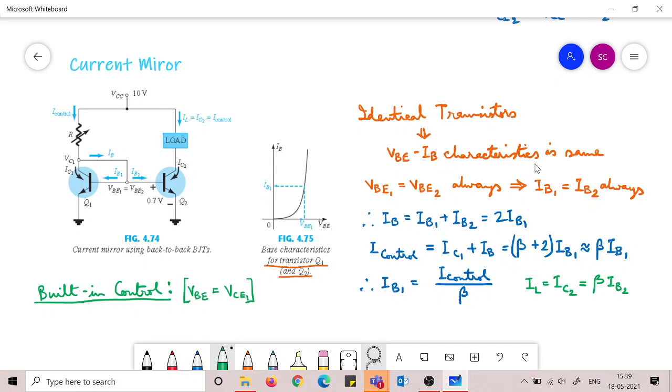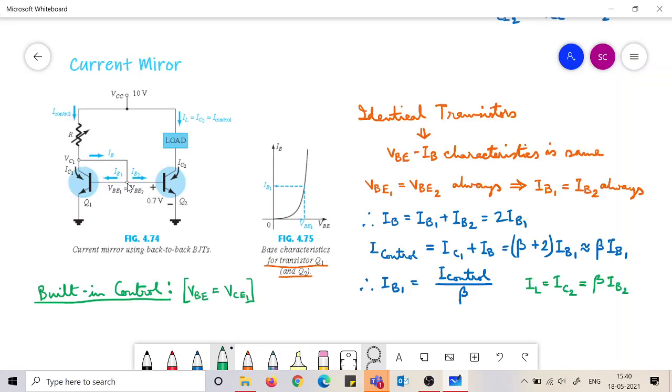Now with that understanding, you look into the configuration. In the configuration, you find that this is one transistor and this is another transistor. The bases are connected together, and the emitter side is grounded.